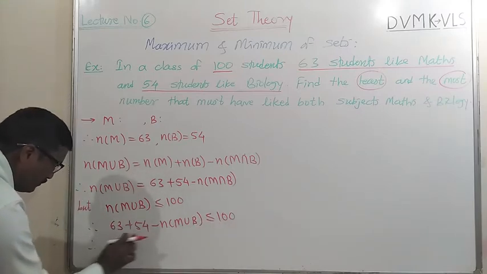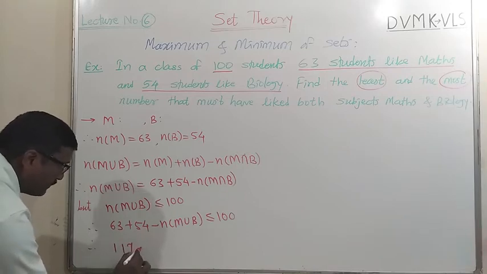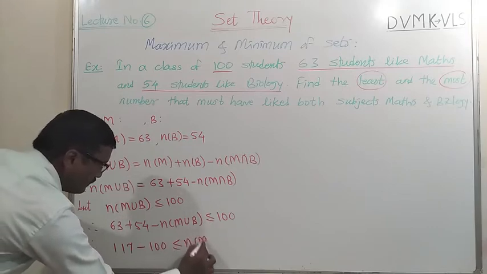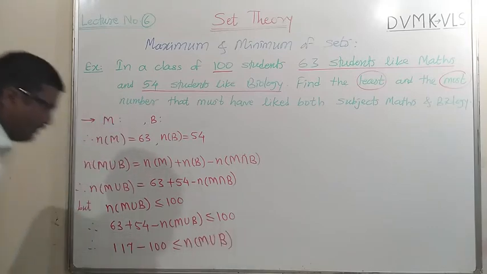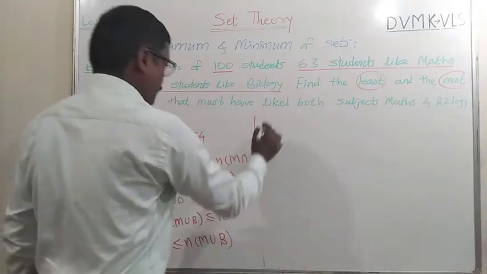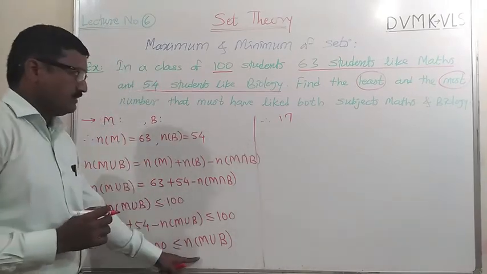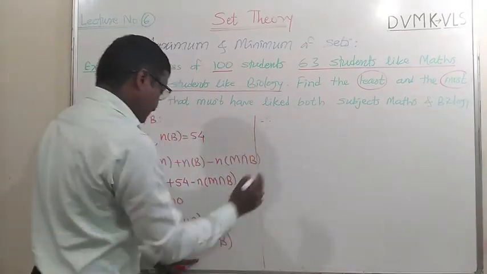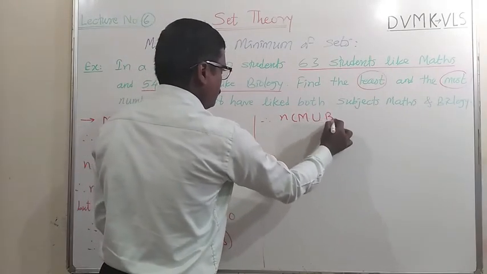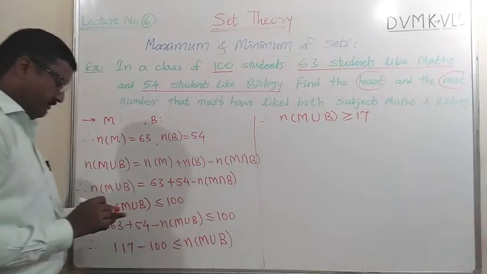Now the addition of these two is 117, minus 100 is less than or equal to the number of elements in the union. So this is 17. Therefore, 17 is less than or equal to this, or we can write the number of elements in M union B is always greater than or equal to 17.